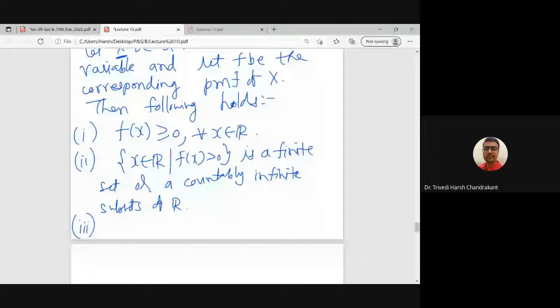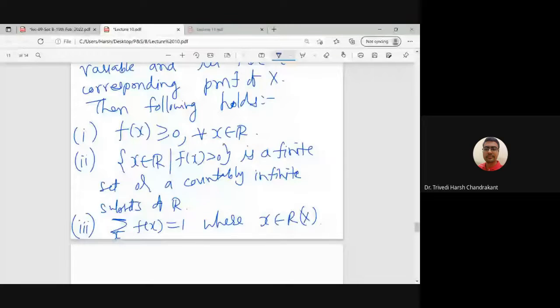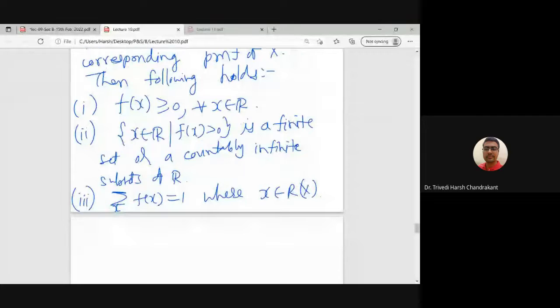That means the summation of f(x) is 1, where the summation is taken over all x in the range of X. So the summation is over all elements in the range.